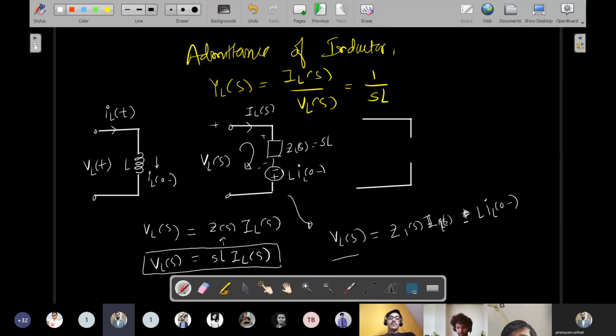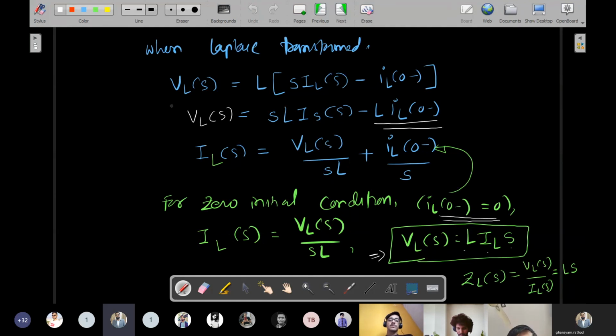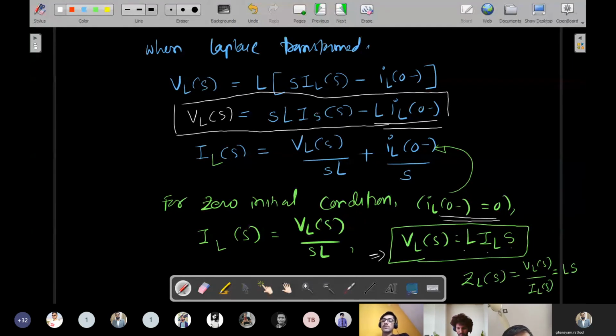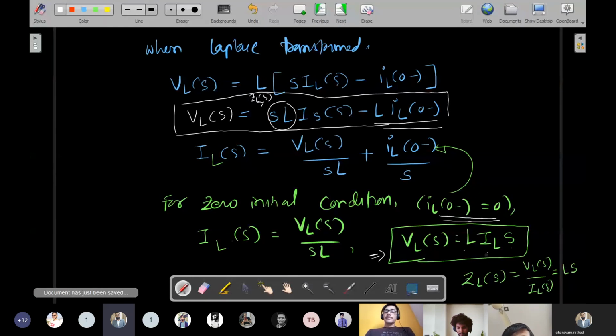See this equation and over this equation, both the equations are equal. Whatever you have written over there was nothing but Z, as we have written, without a charge stored.